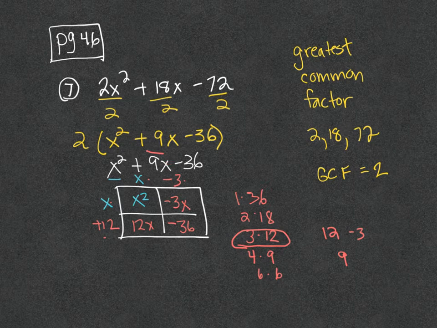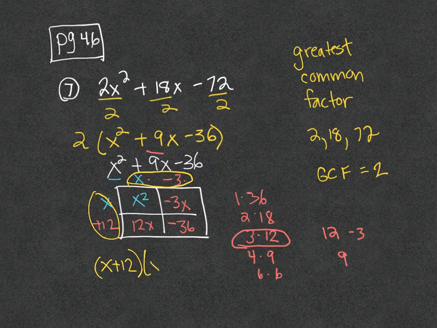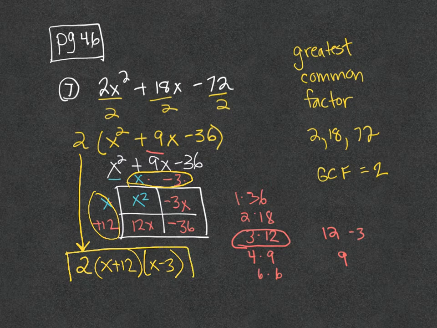So that tells me that when I go to write my answer, I am going to have this factor here, which is x plus 12, and this factor here, which is x minus 3, as my two factors. But I can't forget that I took out that 2. And so I'm going to drop that 2 down as my GCF. And now this is my final answer.